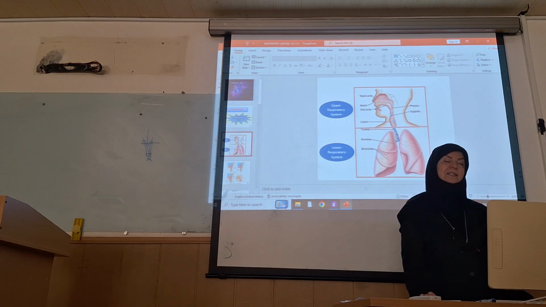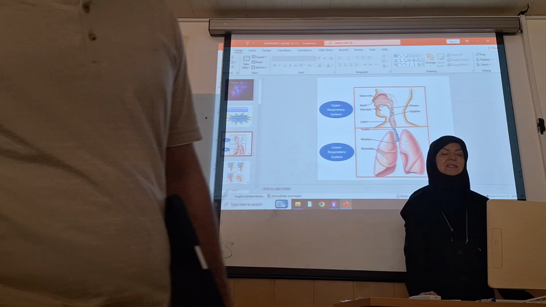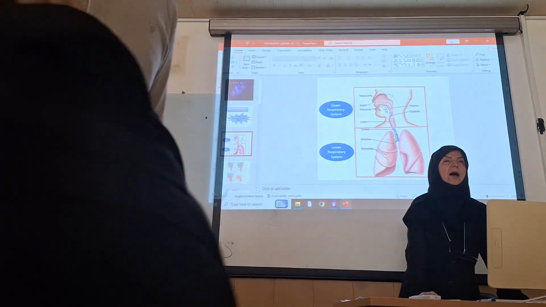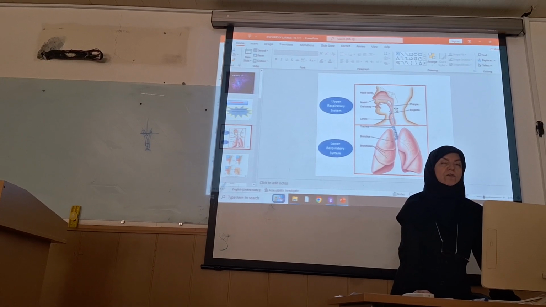The pharynx is visible here. The superior portion of the pharynx is posterior to the nasal cavity. We call it the nasopharynx. The middle part of the pharynx is visible posterior to the oral cavity. We call it the oropharynx.